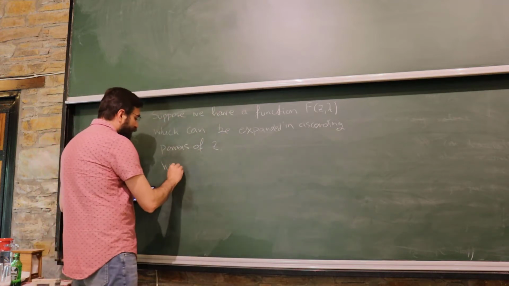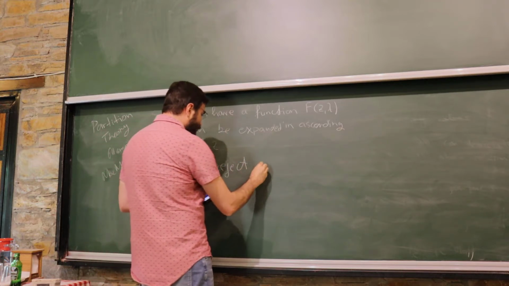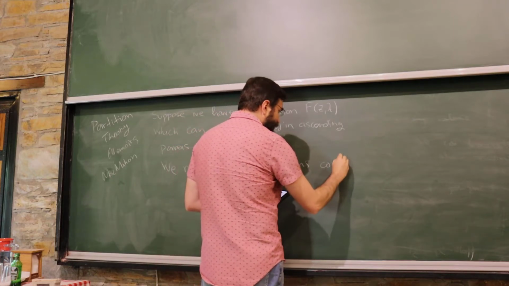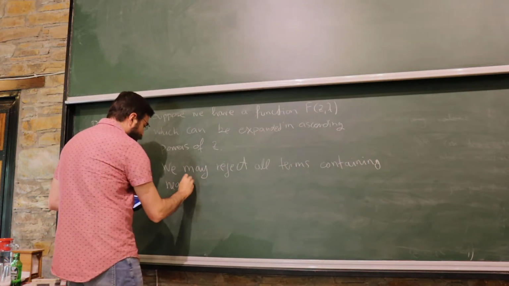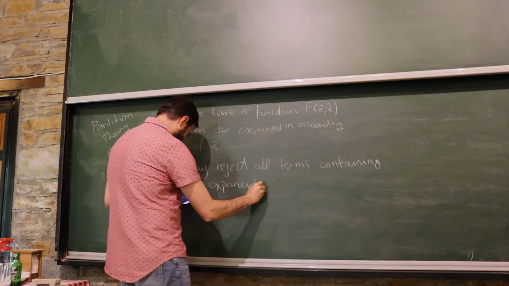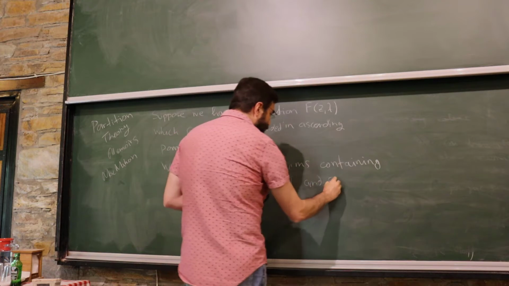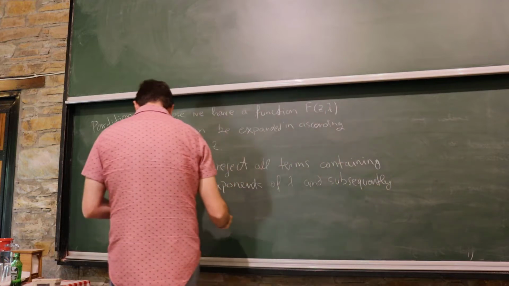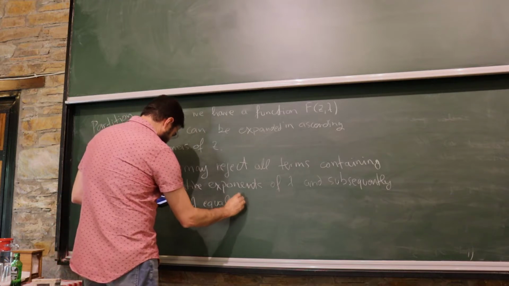Now, we may reject all terms containing negative exponents of lambda, and subsequently put lambda equal to 1.